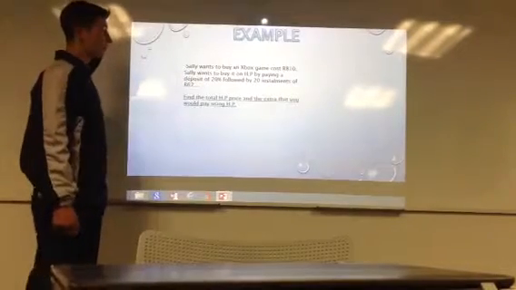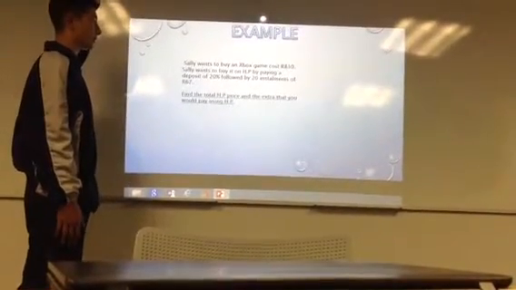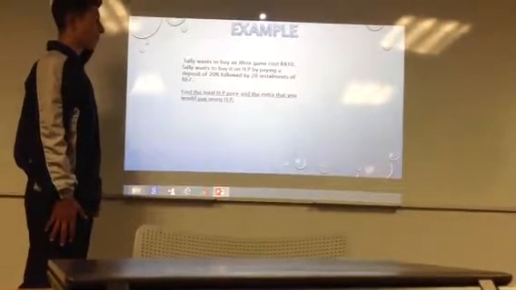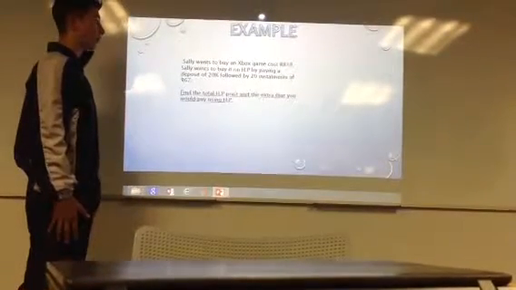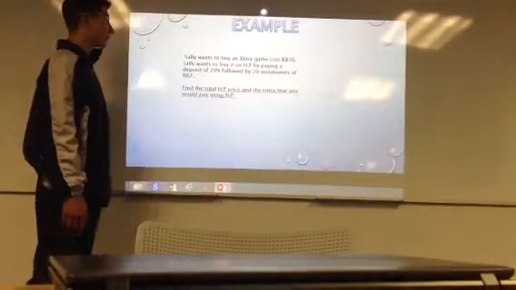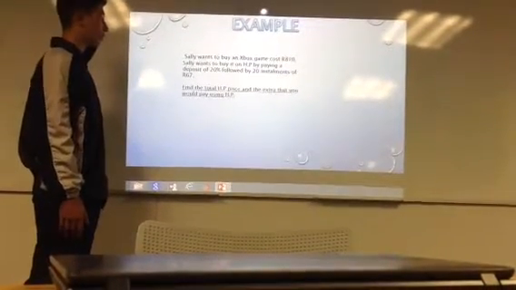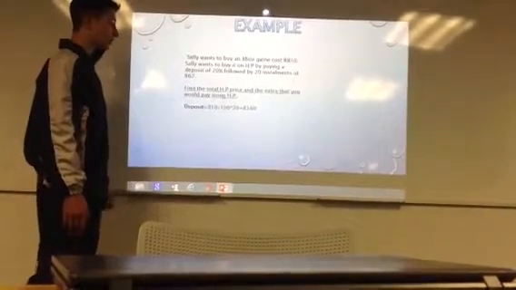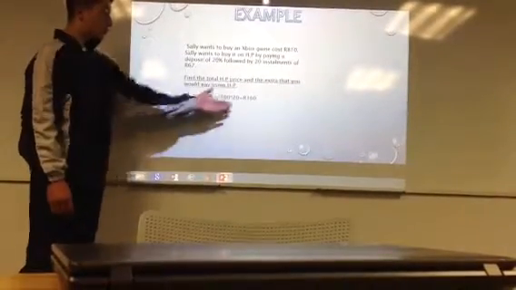Example: Sally wants to buy an Xbox game that costs 810 Rand. Sally wants to buy it on HP by paying a deposit of 20% followed by 20 installments of 67 Rand. Find the total HP price and the extra that you would pay using HP. Deposit equals 810 Rand divided by 100 times 20 equals 162.